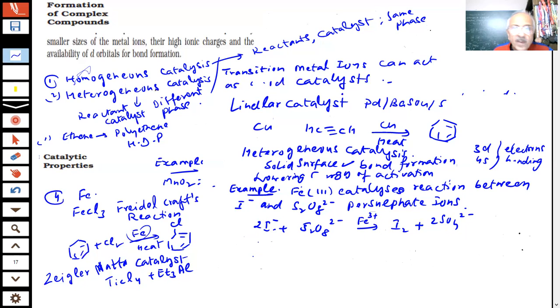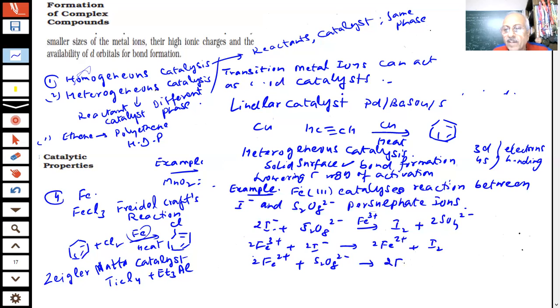How? 2Fe 3 plus reacts with I minus, and it forms 2Fe 2 plus and iodine. Then 2Fe 2 plus reacts with S2O8 2 minus, persulfate ions, and you get 2Fe 3 plus and 2SO4 2 minus.